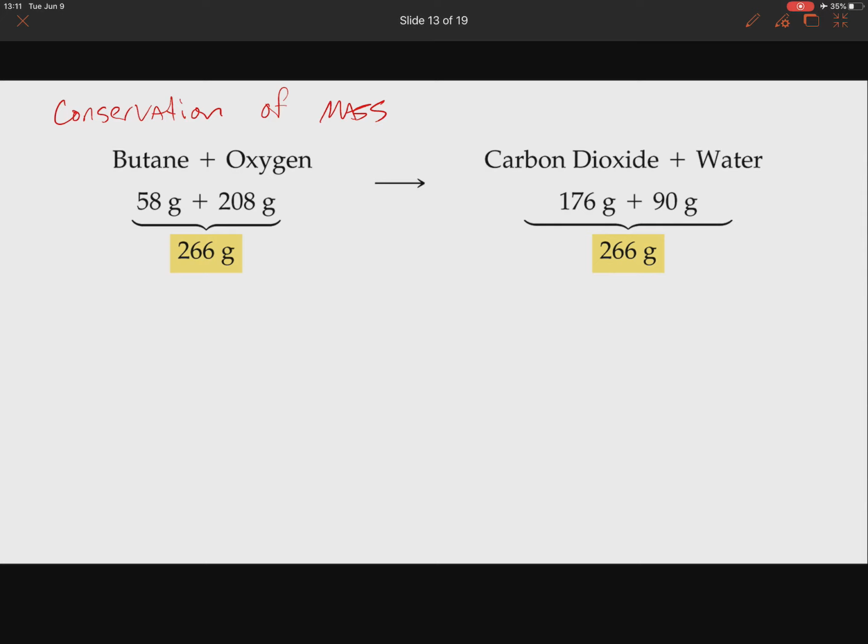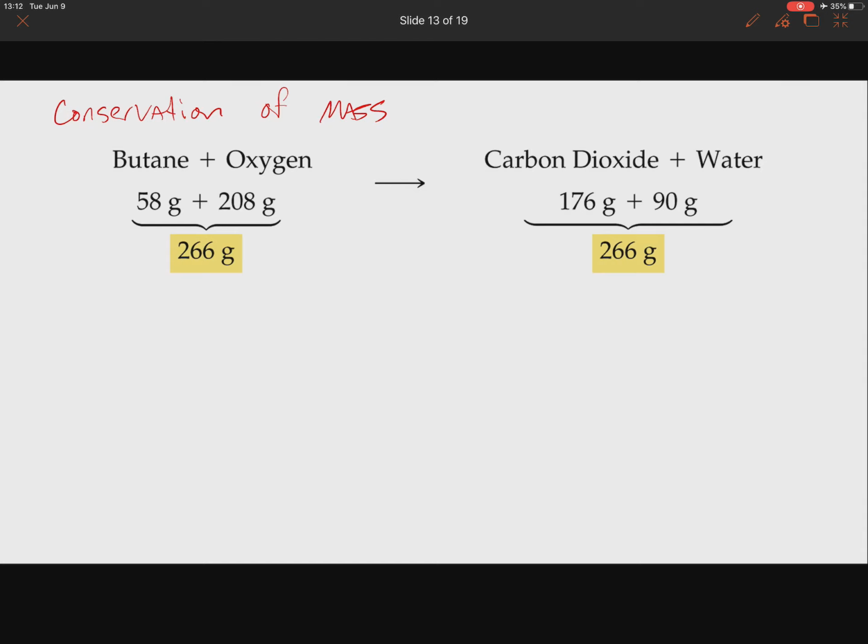In nuclear reactions, mass changes do happen, but in chemical reactions, not the case. We'll talk about nuclear reactions towards the end of the semester. What I'm saying is, in chemical reactions, any changes in mass are so tiny that we can ignore them. They may change. This has to do with the nuclear aspect of it, but we're not going to get into that.